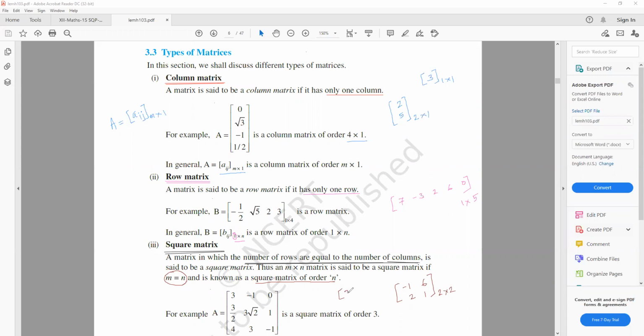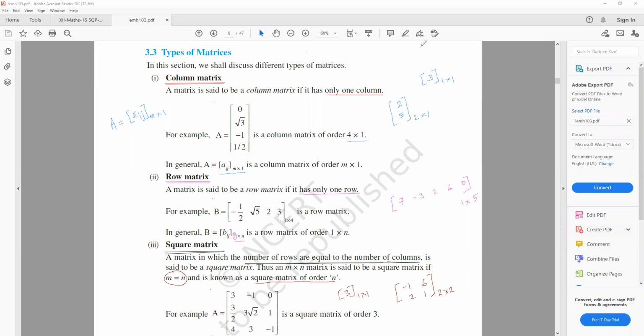Earlier we mentioned 3, which is also a square matrix because it has 1 row and 1 column. So if the number of rows and number of columns are equal, then that matrix is known as a square matrix. We know when we say square, all the sides are equal, right? In the same way, square matrix means the number of rows and number of columns are equal. Clear?